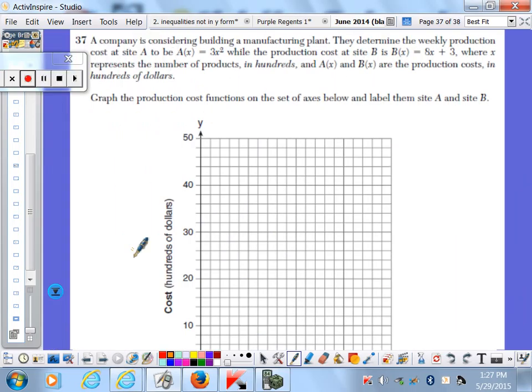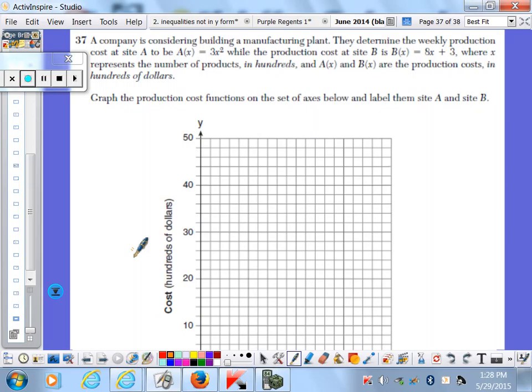All right, number 37. A company is considering building a manufacturing plant. They determine the weekly production cost at site A to be A of x equals 3x squared, while the production cost at site B is B of x equals 8x plus 3, where x represents the number of products in hundreds, and A of x and B of x are the production costs in hundreds of dollars.